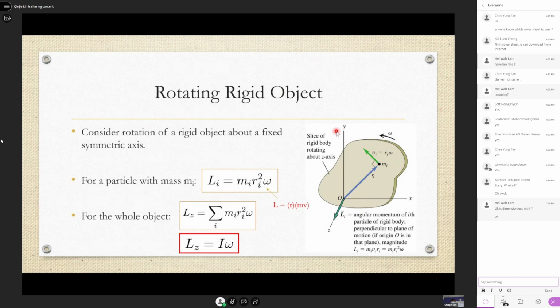So now we come to rotating rigid objects. We consider a rotation of a rigid object about some point O. That means this object is rotating about this point O. What is the angular momentum of this object?